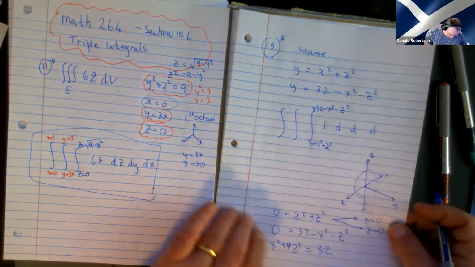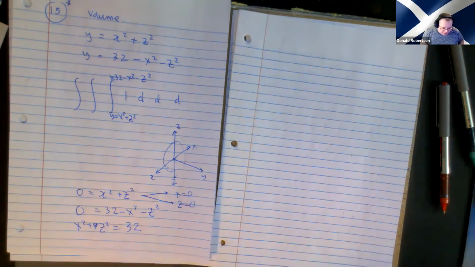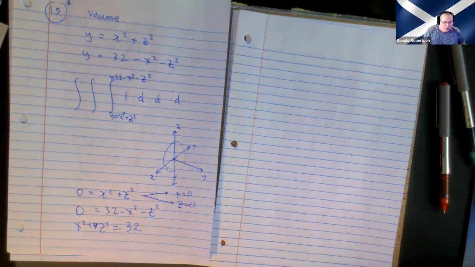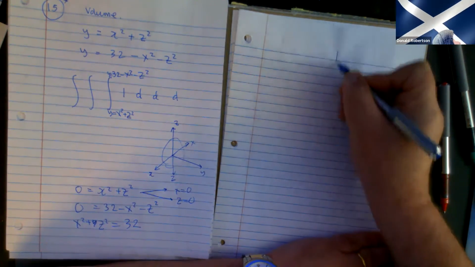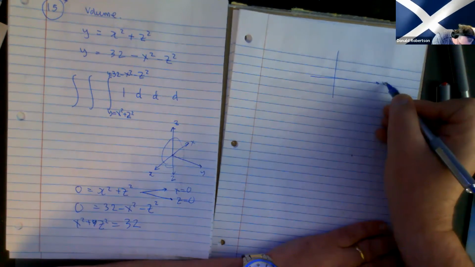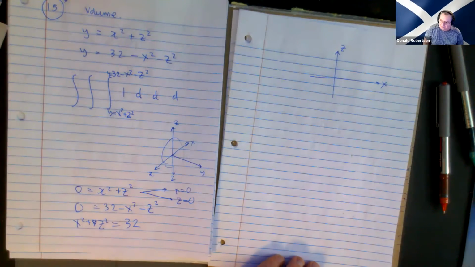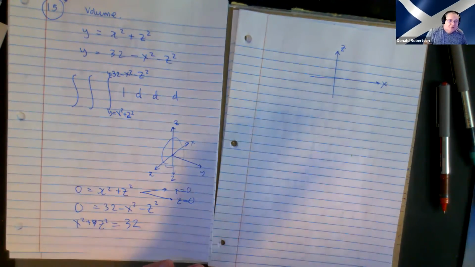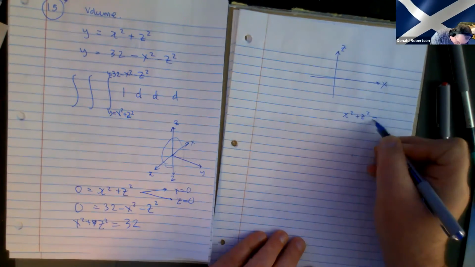Now, normally we do polar coordinates with x's and y's and so on, but I can actually work on this in a slightly different way. Can we imagine using the x and the z axis? Now, if I used those, wouldn't x squared plus z squared equal?